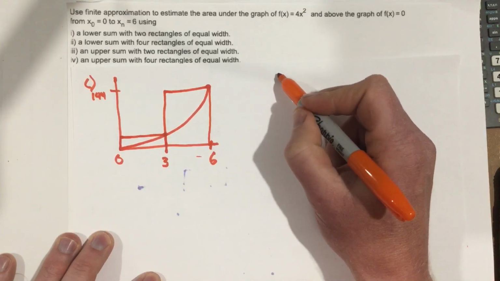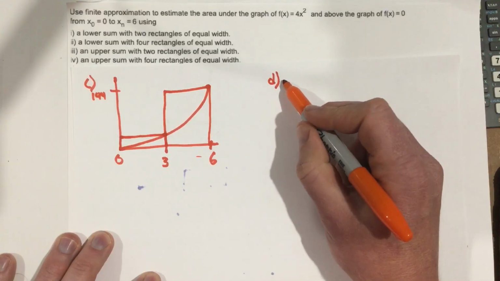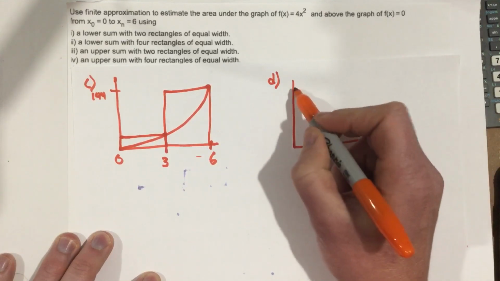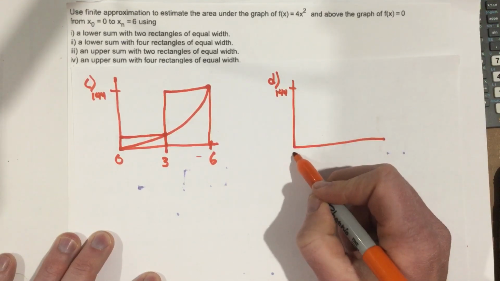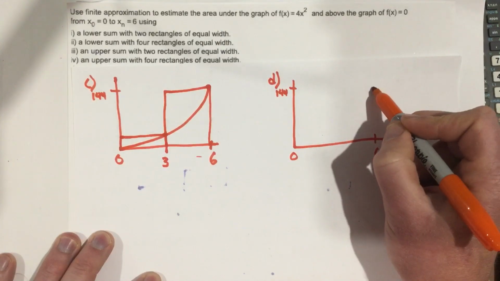If I draw part D here at the same time, this time I'll have 4 rectangles, so my widths need to be 0 to 6. Mark this point.